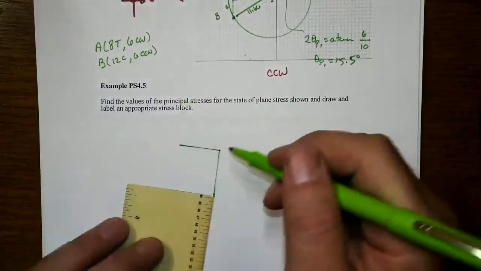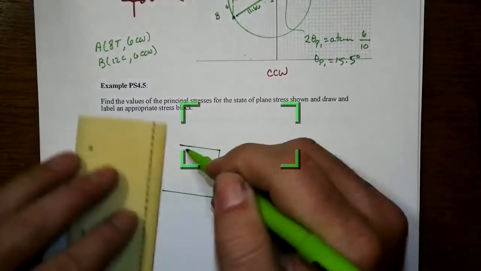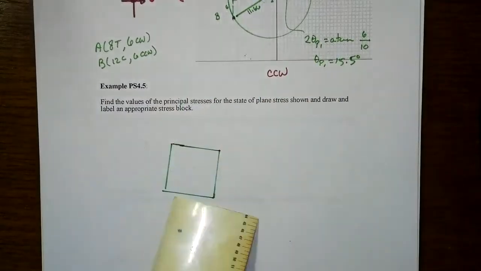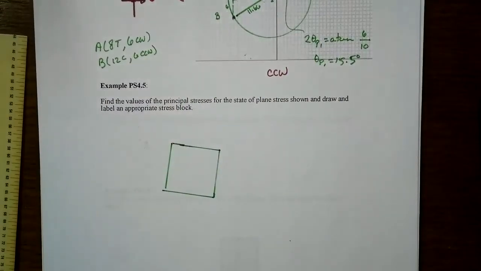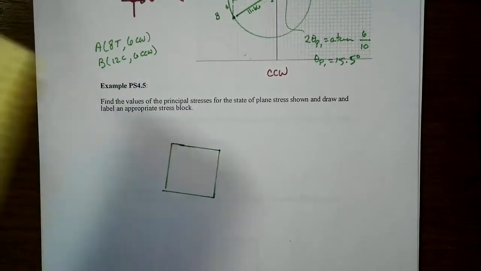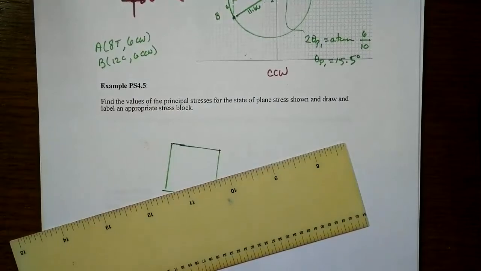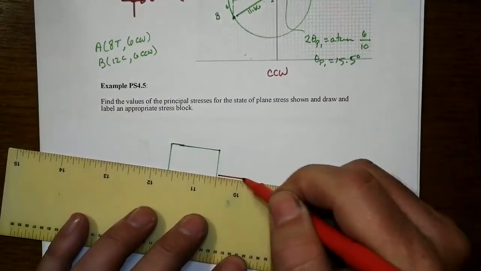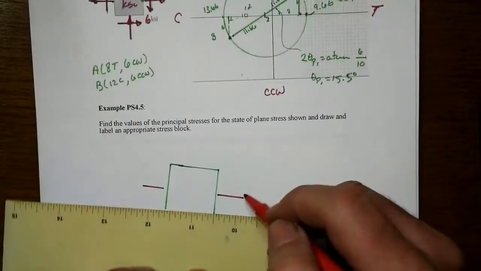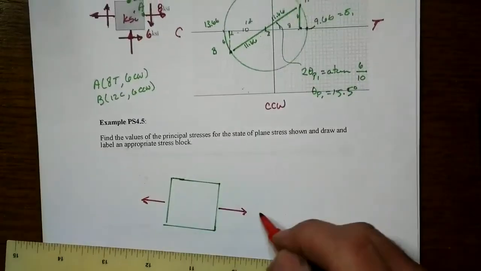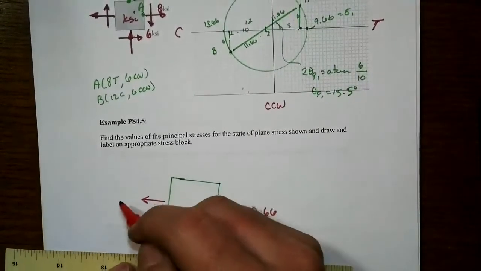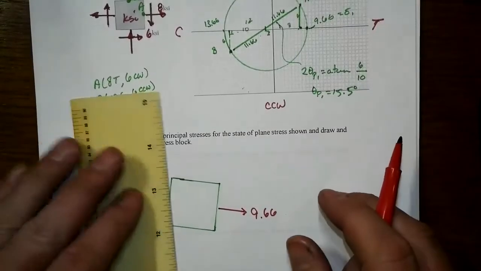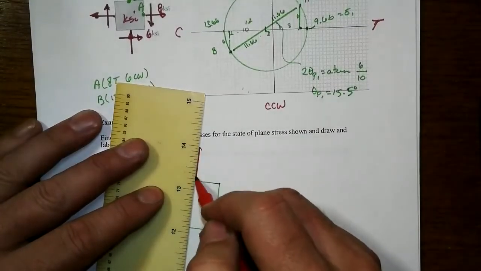So the rest of this is going to look a little bit like this. A square template would be kind of nice and make that easier to draw, but that's our oriented stress block. And then here's your sigma 1. It's, again, 9.66. It's in tension. And then the other one is 13.66 in compression.